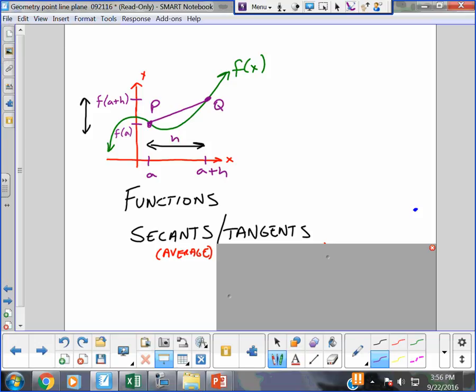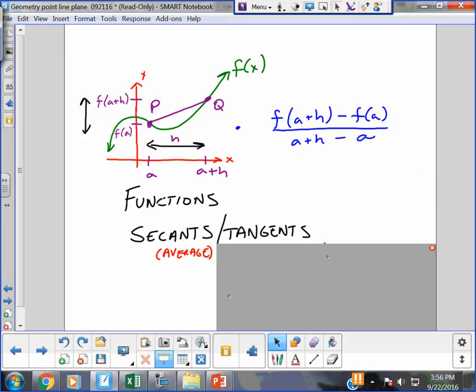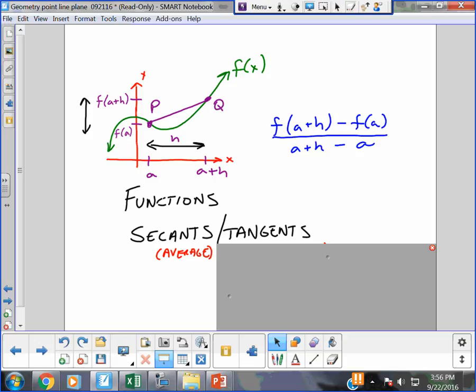And when I do this, the rise over run, I end up with a very interesting equation. I end up with this: change in y over the change in x. And you quickly notice in the denominator of this, a minus a is going to be 0, and it just becomes h. And this gives me the secant line between 2 points every single time. This would be the slope between points P and Q on this diagram.